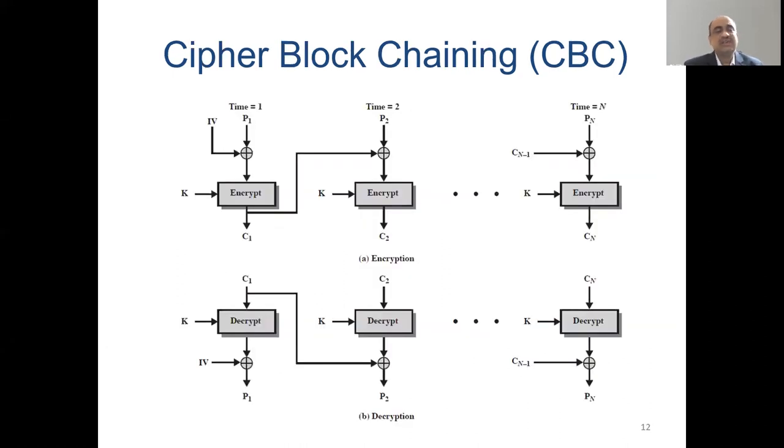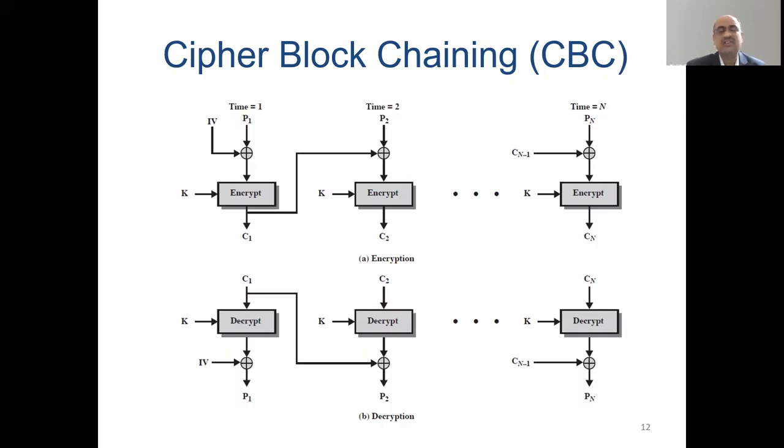This diagram indicates how the cipher block chaining method functions. We can see we have n number of blocks. We give the input P1 and the initialization vector, and you encrypt using the key K, and you get the output we call C1. Similarly, for the second block, we get C2, C3.